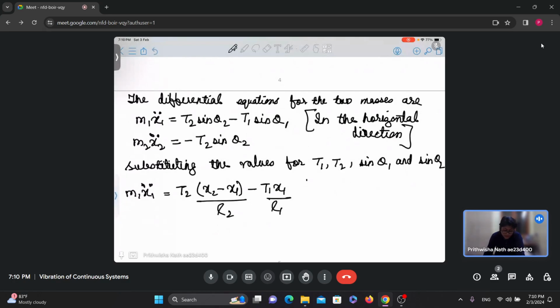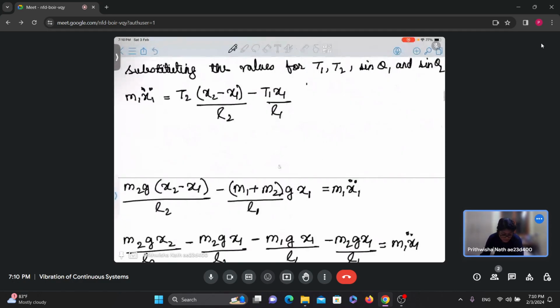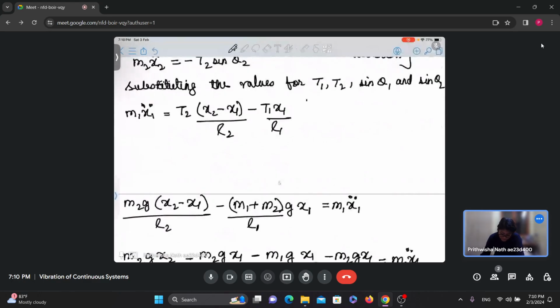Now I substitute for T2 and T1. T2 is m2 g by L2, and T1 is (m1 plus m2) into g divided by L1, equals m1 x1 double dot.